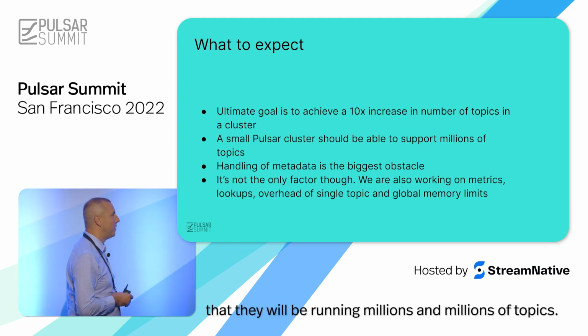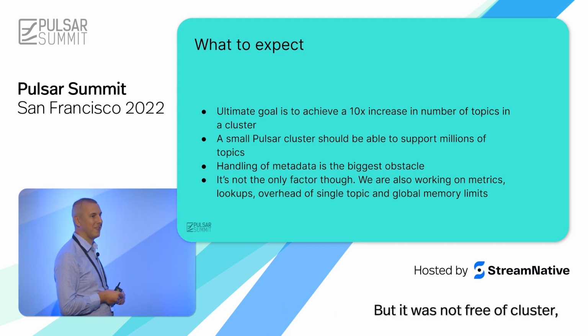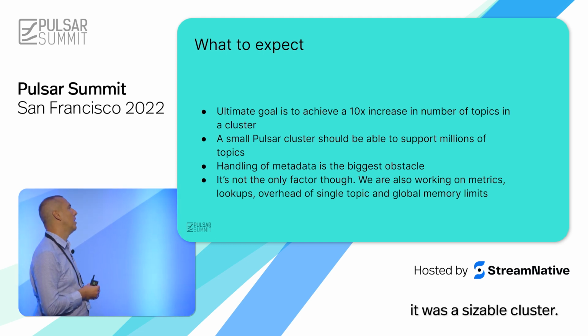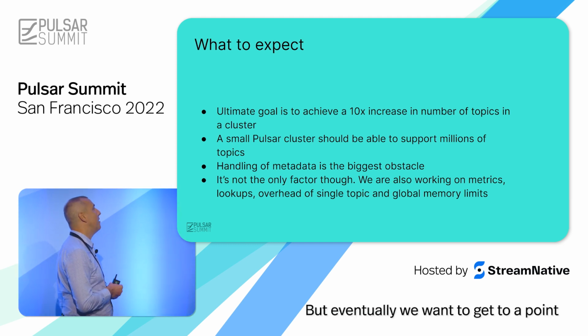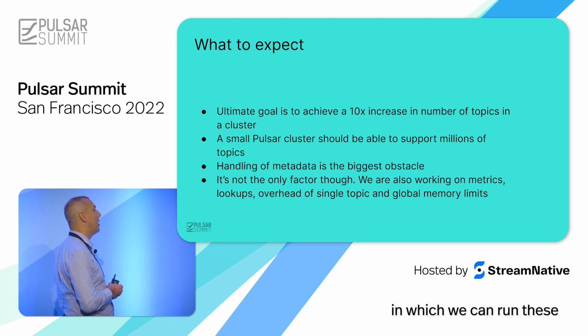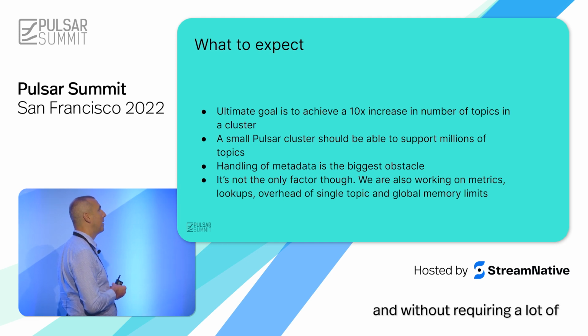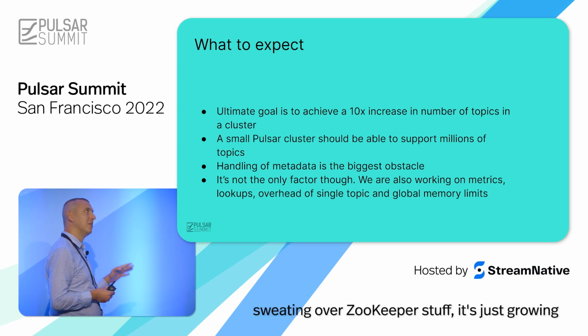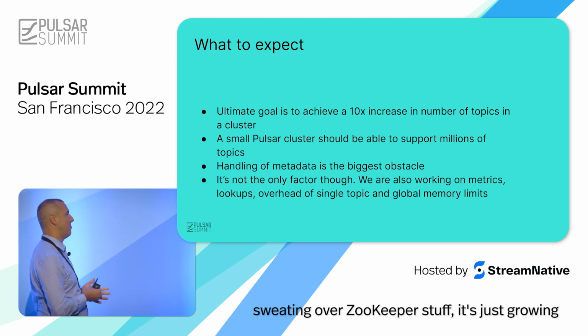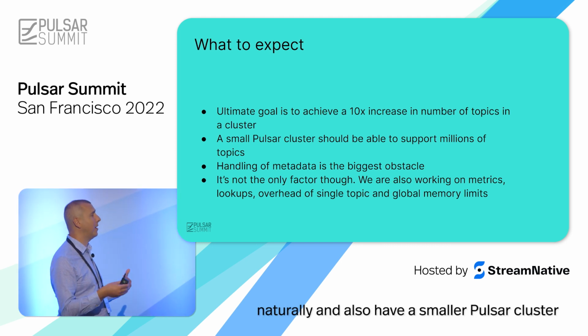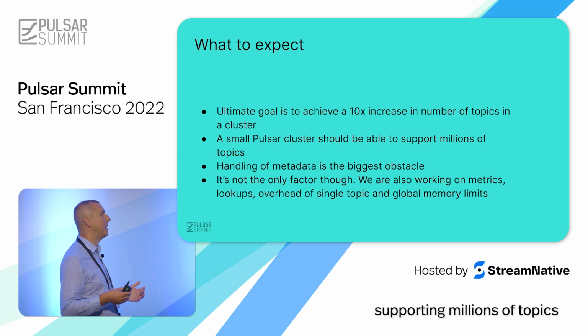They've been running millions of topics, but it was not a 3-node cluster. It was a sizable cluster. Eventually we want to get to a point in which we can run these without a lot of sweating over ZooKeeper, instead just growing naturally and also having a small Pulsar cluster supporting many millions of topics.